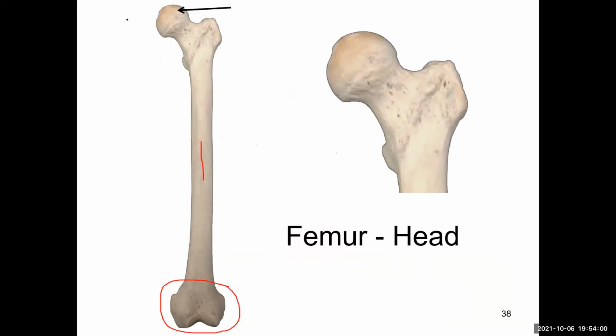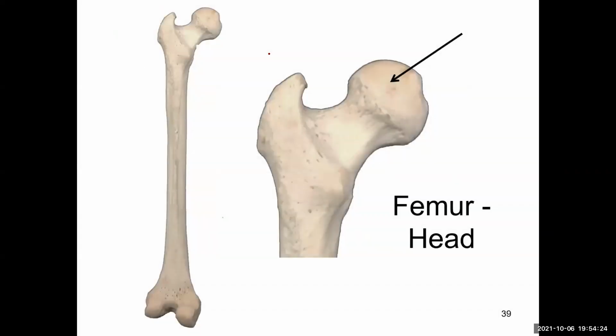And just to let you know, the side that the head is on is the medial side. Makes sense, because the head has to articulate with the acetabulum. And then the side opposite of the head is the lateral side. You need to know that, so that'll help you to figure out which is the lateral condyle or the medial condyle. So now I'm going to flip the bone over.